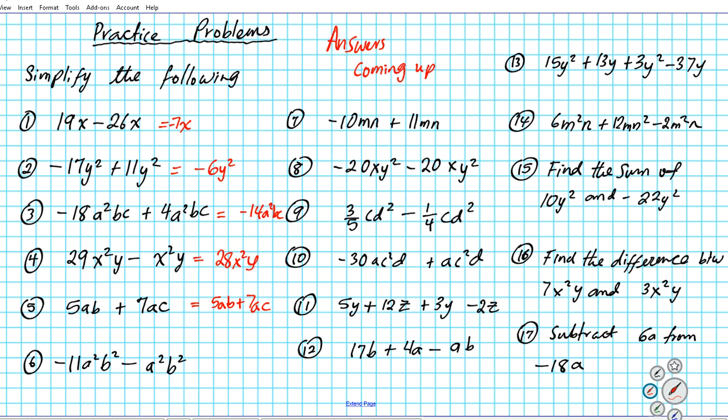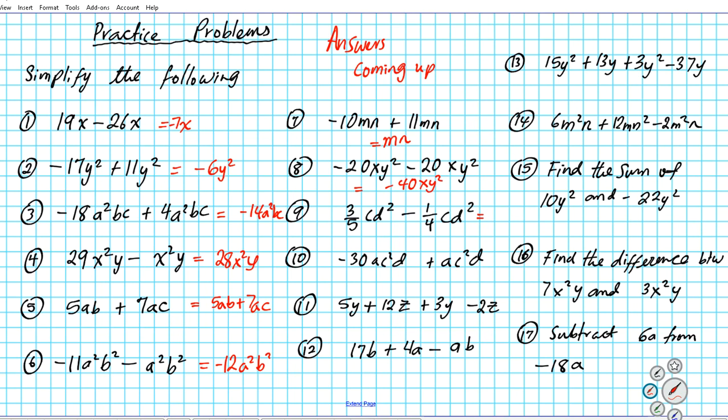For number 6, they're unlike terms, so it just stays the same, 5ab plus 7ac. For number 7, the answer is negative 12a squared b squared. For number 8, the answer is mn. For number 9, the answer is negative 40xy squared.